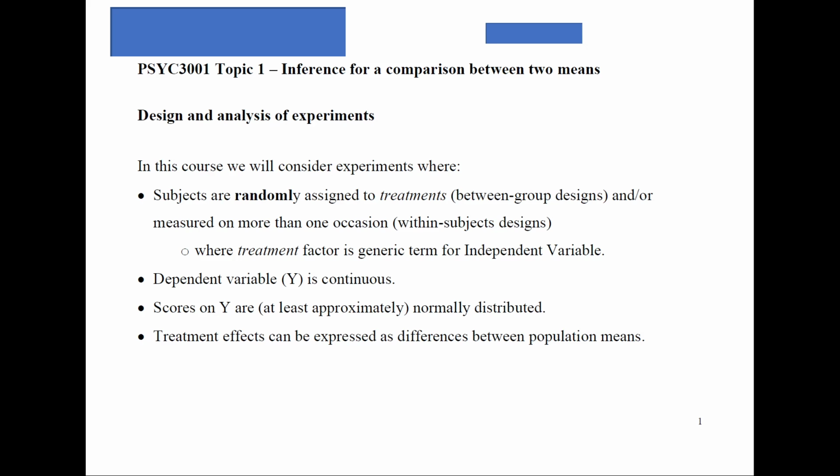Okay? But I can't do that again. And it's the same analogy with the polling prior to the federal election. I cannot, as a researcher, recruit every single person in Australia that has depression because I don't have the time, the money, or the resources to do so.